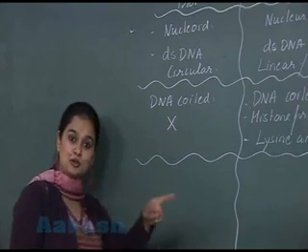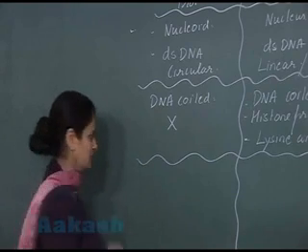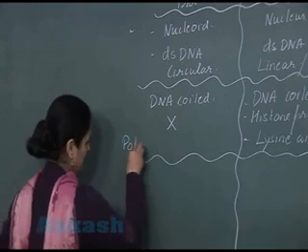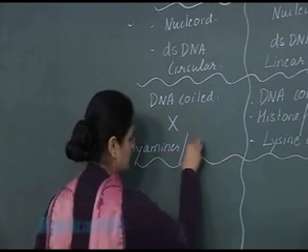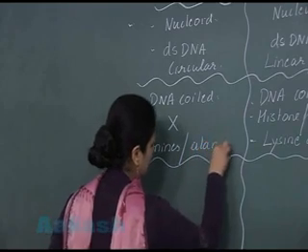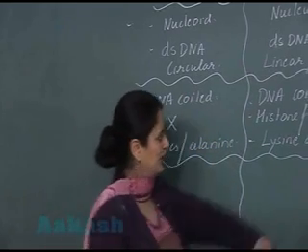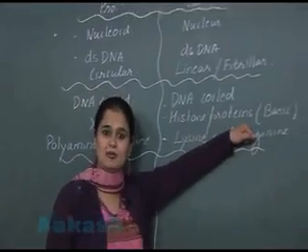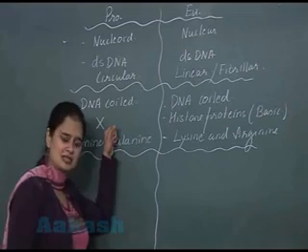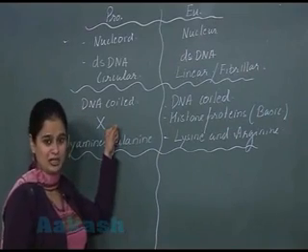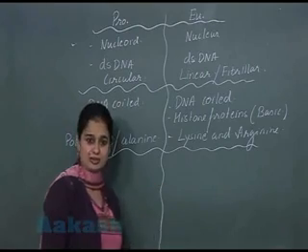Instead of the histone protein, there is involvement of polyamines, and they are rich in amino acid, that is alanine. Right? So here the coiling is there with the help of histone protein, and here coiling is assisted with the help of polyamines.